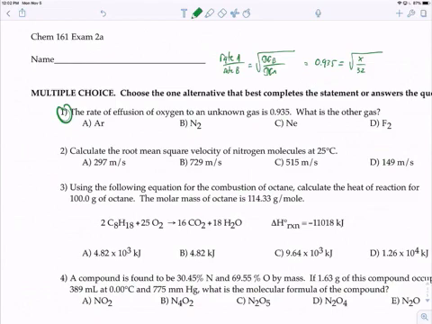I guess it'll be less than that. 0.935 squared times 32, and it's 28.